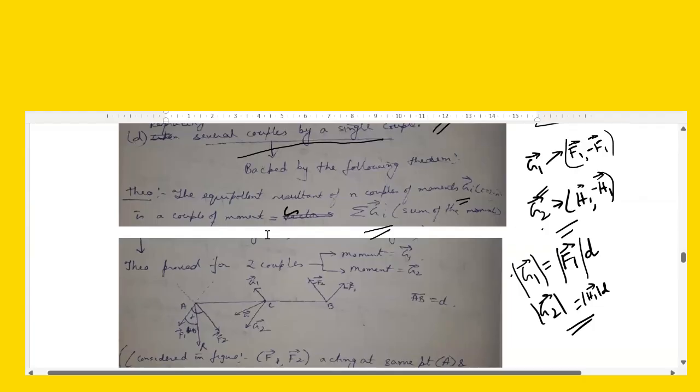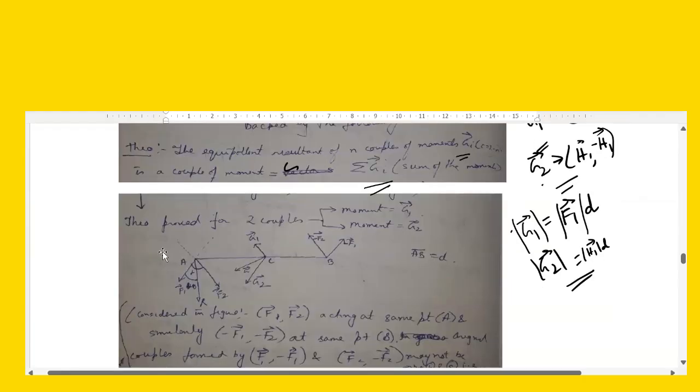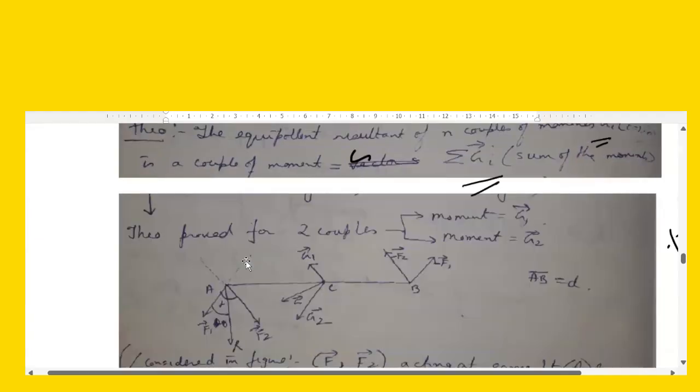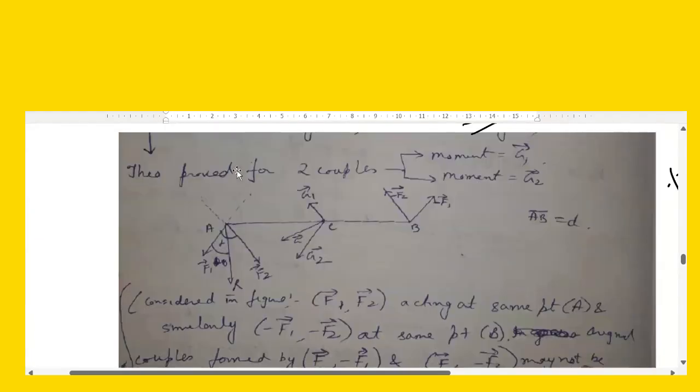We consider a straight line, say AB, and let us consider our forces F1 and minus F1 acting at the points A and B respectively. F1 is acting at A, and let me enlarge this figure so you can see it as a whole. F1 is acting at A, and at B minus F1 is acting.